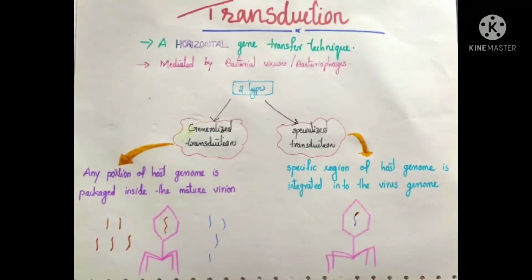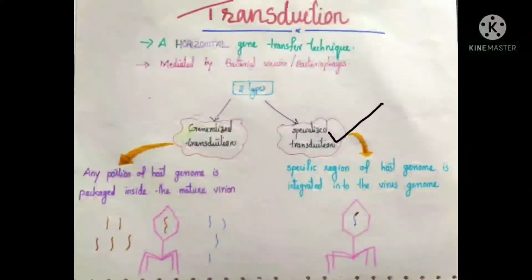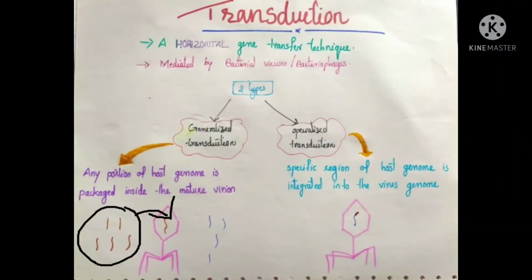There are mainly two types of transduction: generalized transduction and specialized transduction. Generalized transduction means any portion of the host genome is packaged inside the mature virion.